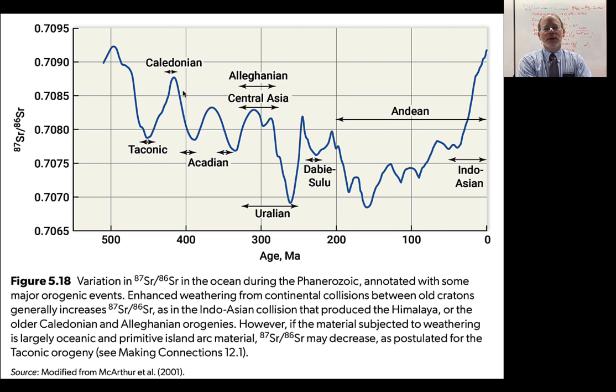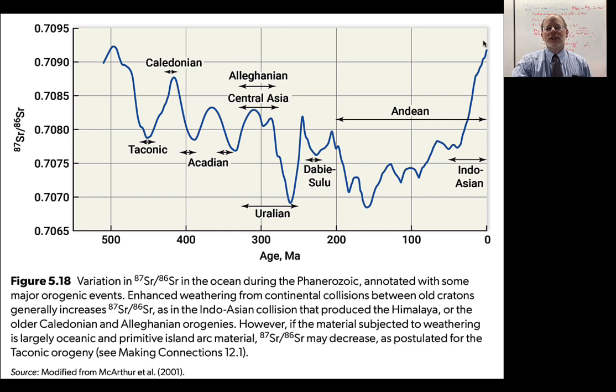It's been proposed that these variations represent varying contributions from weathering of orogens. So if we look at the Taconic orogeny, that is the collision of a primitive arc against North America. Well, a primitive arc is going to have an isotope composition that looks more like MORB, and so when we weather that material, it's going to draw the 87-86 ratio down. The Caledonian is a collision that involves the ancient craton of Europe.